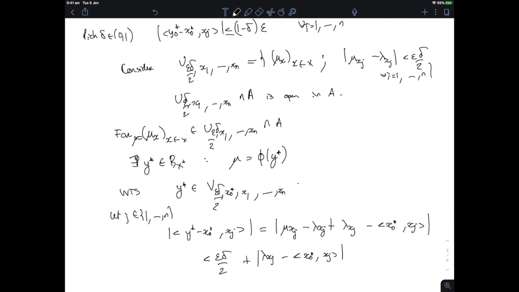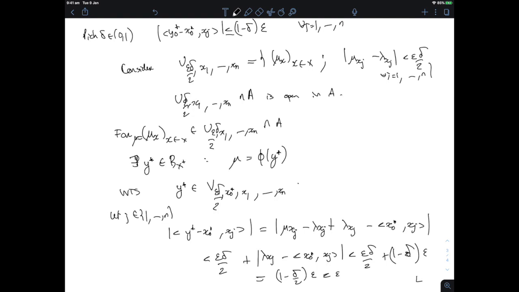And now this is smaller than epsilon delta over 2 plus 1 minus delta times epsilon. And that is 1 minus delta over 2 epsilon, which is strictly smaller than epsilon.